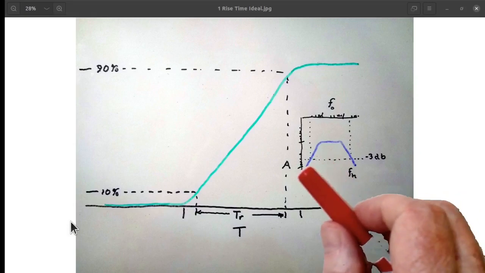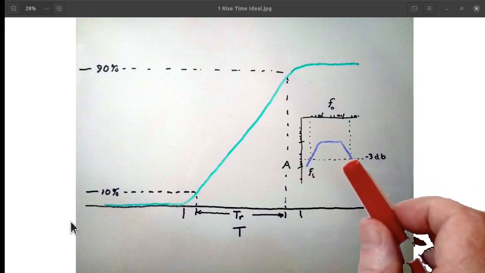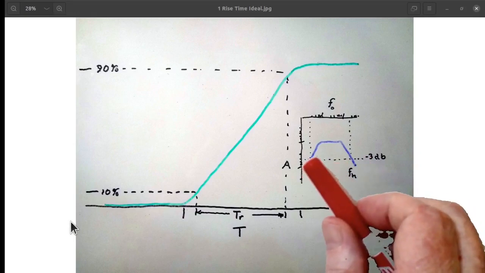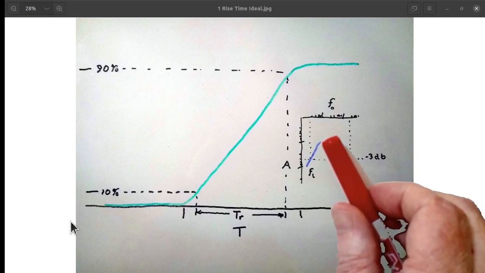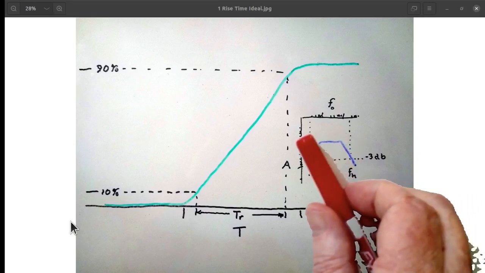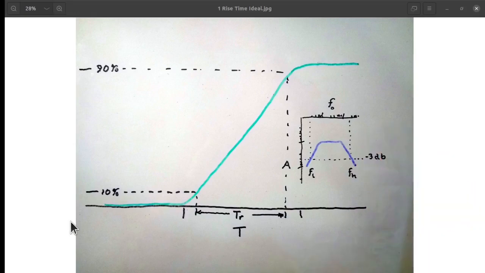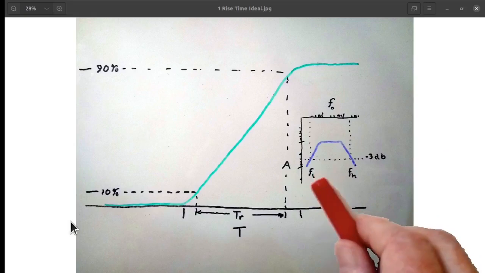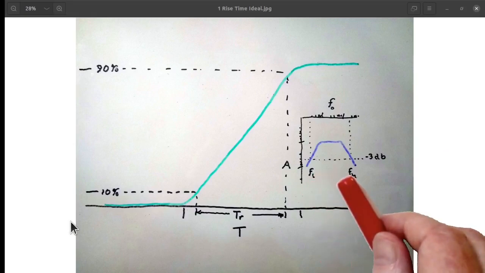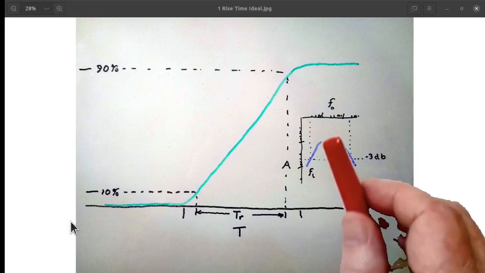It's showing a bandpass filter presentation, and it shows 3 dB down points right there and there, presuming that this level right here is 0 dB, or our reference point. So this would be frequency 1, this would be frequency 2. That's how I've distinguished low and high there.